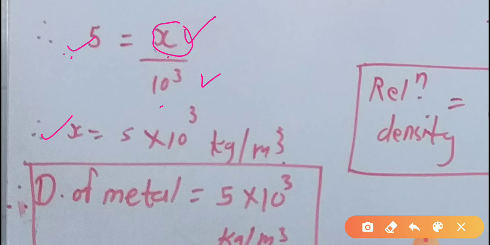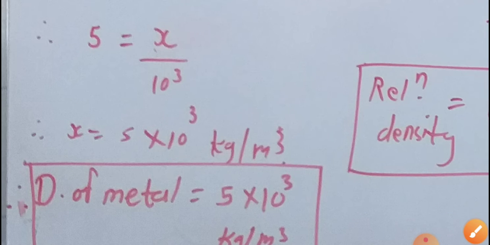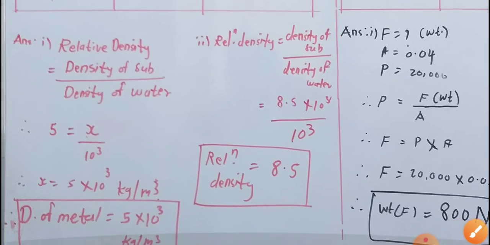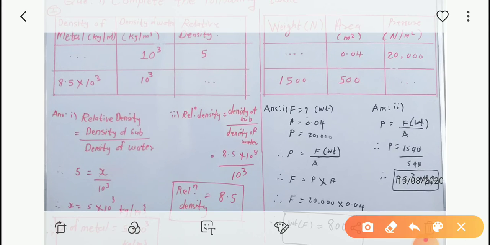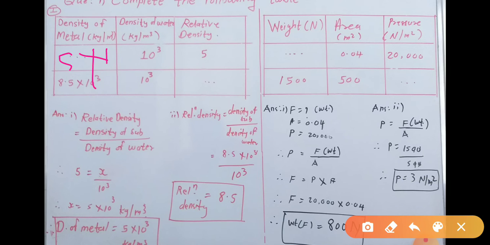Therefore x is equal to 5 multiplied by 10 raised to 3 kilogram per meter cube. Therefore the density of the metal is 5 into 10 raised to 3 kilogram per meter cube. So the answer here will be 5 into 10 raised to 3.